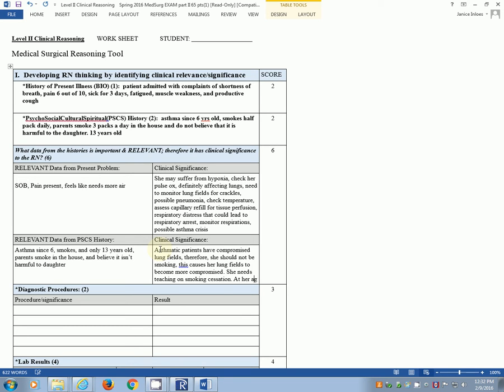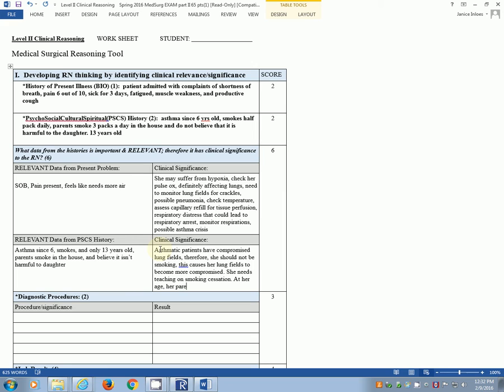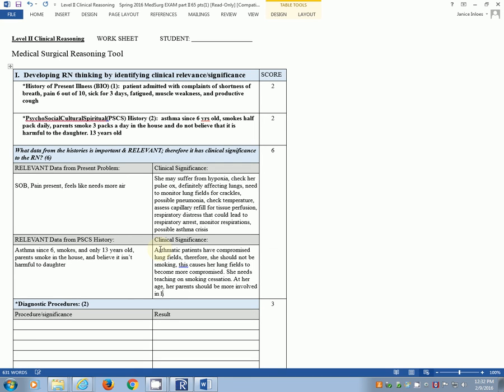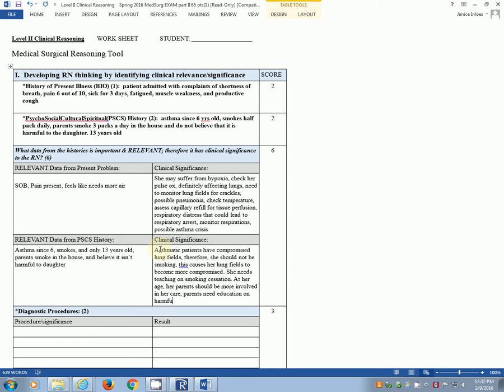At her age, her parents should be more involved in her care. Parents need education on harmful effects of smoking, especially, I'm just making this up off the top of my head, guys. Y'all are going to have to put a little bit more research into it.